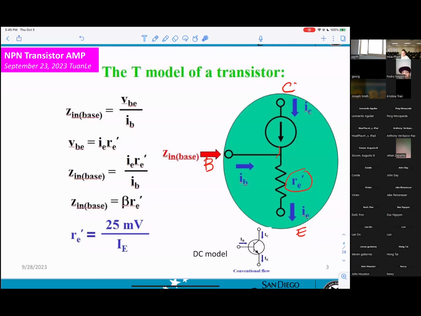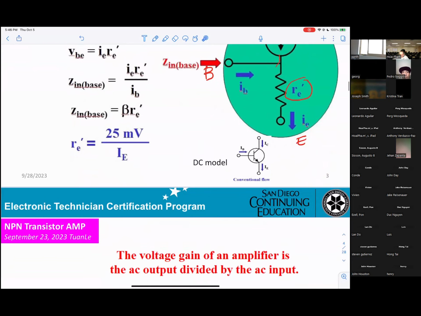Okay, so basically this is the definition. If you need to do calculation, you can use the formula.